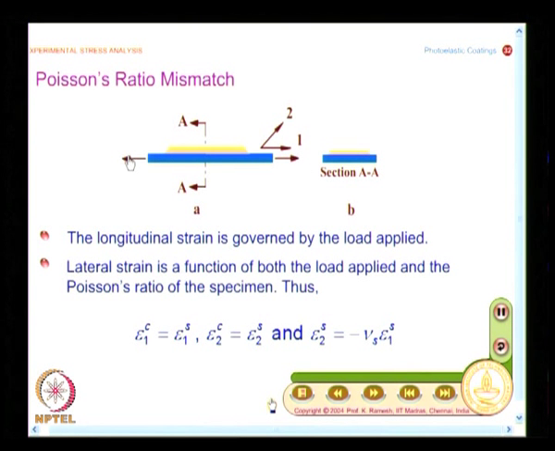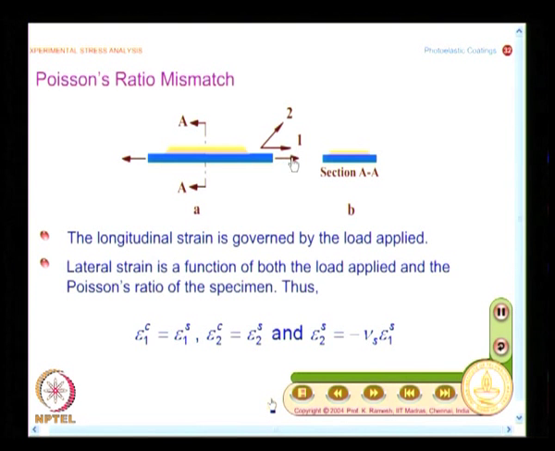And what happens when I apply a longitudinal load, the strain in that direction is completely governed by the load applied. And I have always been saying, when you are dealing with strain, you should understand that stress is uniaxial, but strain in general is biaxial or triaxial, depending on the kind of specimen that you are looking at.